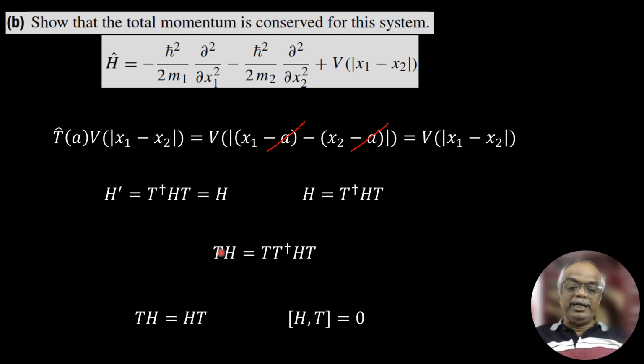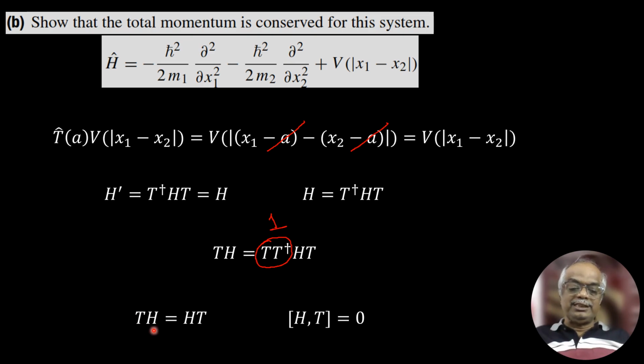Now multiply both sides by T. Remember that you are not supposed to change the order of the operators. So T comes on the left side, and similarly T comes on the left side of the equation. Since T is a unitary operator, T T dagger is equal to 1.